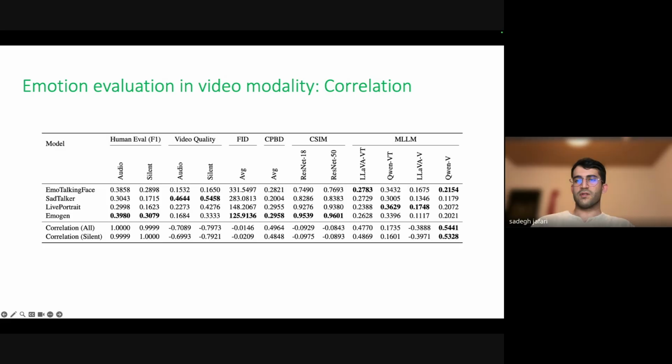If someone wants to use automatic metrics and doesn't want to use an MLLM, this metric is also reliable, with about a 49% correlation score: CPBD. It's one of the metrics for measuring the quality of video in some way. So that one is also feasible.